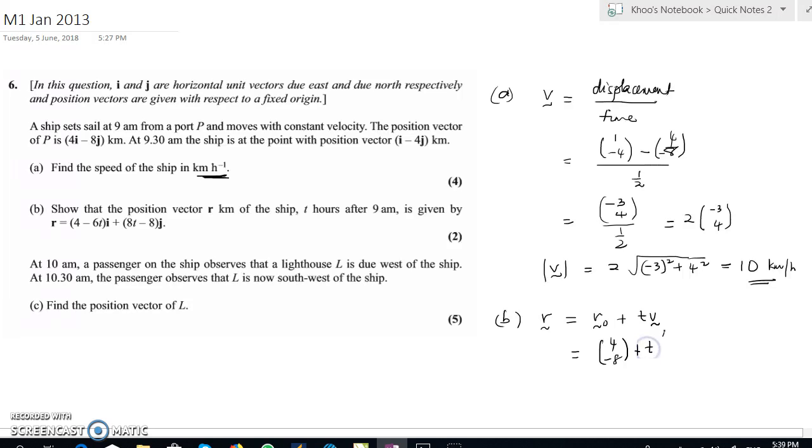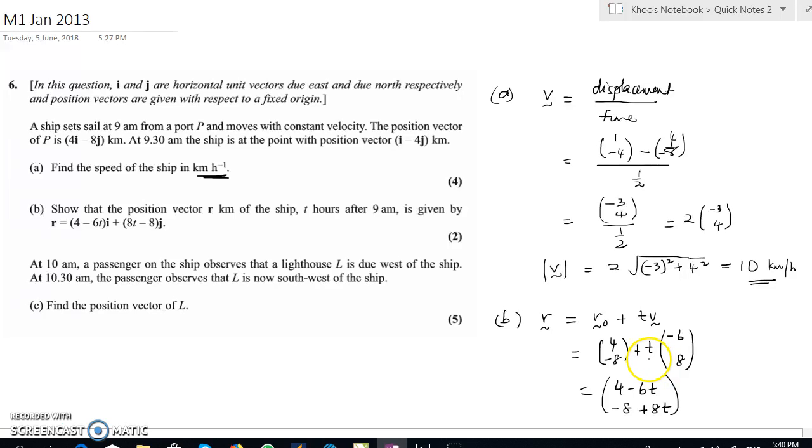And the velocity vector would be, lucky for us, the velocity vector is here, minus 6, 8. Simplify that: 4 minus 6t, minus 8 plus 8t. That gives us the position vector at t hours after 9 a.m.